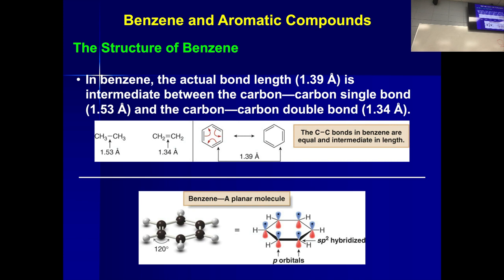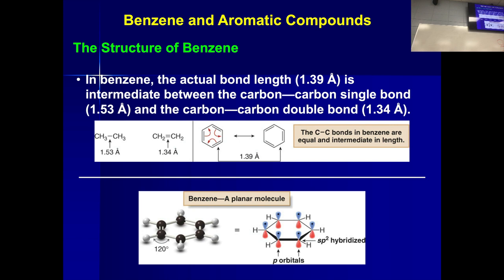With those three numbers in mind, what can you tell me? What do those three numbers tell me? If a single bond is 1.5 angstroms and a double bond is about 1.3 angstroms, and I'm telling you that benzene's about 1.4, what can you tell me about the bonds in benzene?